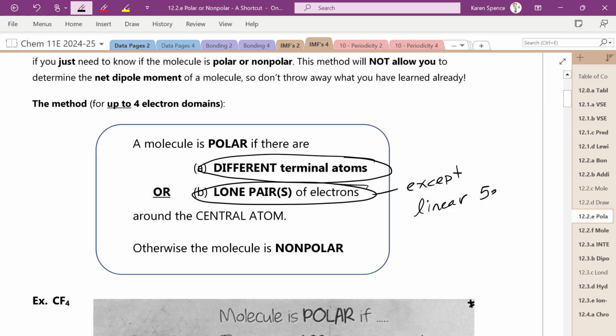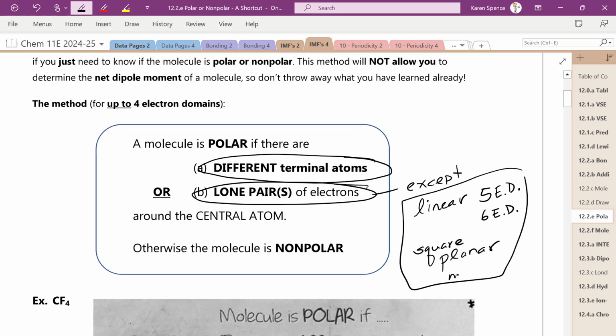When you have 5 electron domains, I think you're better off just going intuitively, to be honest. Or 6 electron domains. Or if you have square planar. All of these ones are nonpolar.